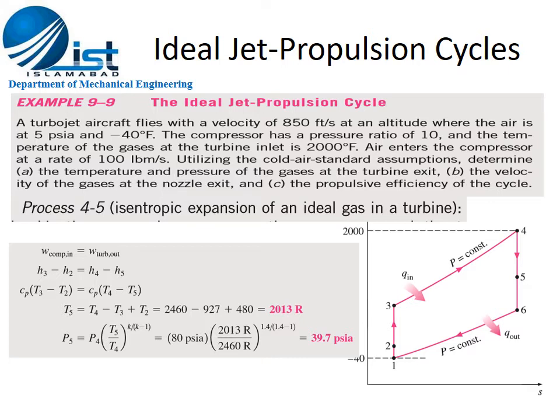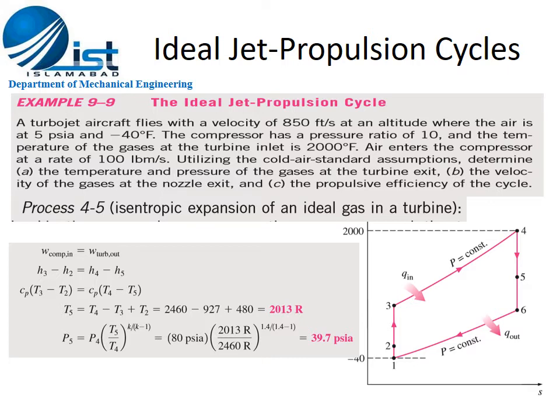So work of the compressor can be calculated from H3 minus H2, and work of the turbine can be calculated from H4 minus H5. One process is isentropic compression and the other process is isentropic expansion. So in order to compare work of the compressor with work of the turbine, we have to find out temperature at point number 5, which comes out to be 2013 R.